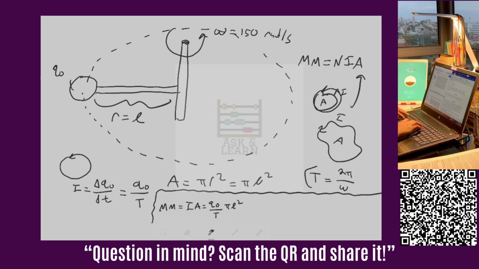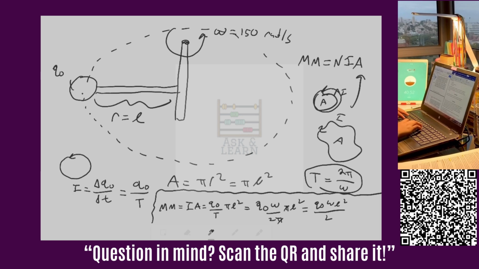Now, we just saw that the period is 2 pi divided by omega. If our period is in the denominator, then we can multiply by the reciprocal and get the same thing. So we have Q naught, multiplied by omega, divided by 2 pi, and then multiplied by our pi L squared. We see our pi's cancel, and we get an expression of Q naught times omega times L squared, all divided by 2.